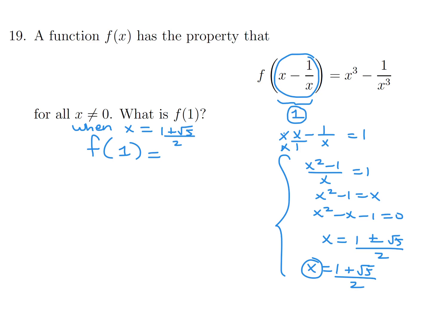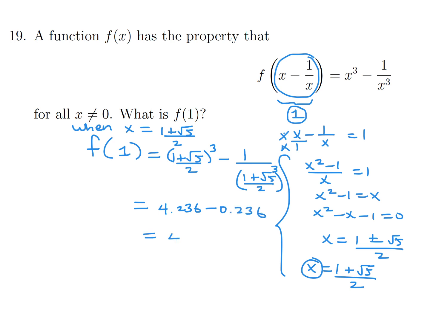So then this would be 1 plus root 5 over 2 to the power 3, not plus, negative 1 over 1 plus root 5 over 2 to the power 3. Got to make sure I'm putting that 2. You got it? And then when you crunch out these numbers, you get about 4.236 minus 0.236, and this is 4. So that's pretty much all that is. I skipped some steps because I want you guys to do them, because it's fairly straightforward, I think.